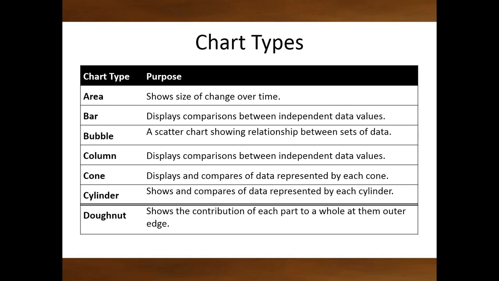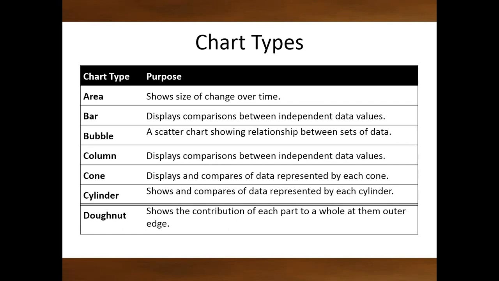Then we have the cylinder chart type. This type of chart shows and compares data represented by each cylinder. So here we represent each data in the form of a cylinder.